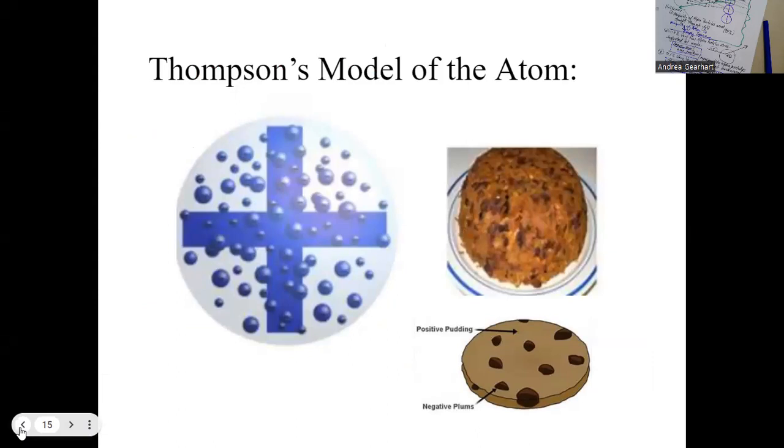But the whole point is, if you take a piece of a chocolate chip cookie, in the case of the plum pudding, the baked bread is the positive sphere, and the randomly scattered electrons are represented with the raisins, or the chocolate chips, and the cookie is the positive sphere.